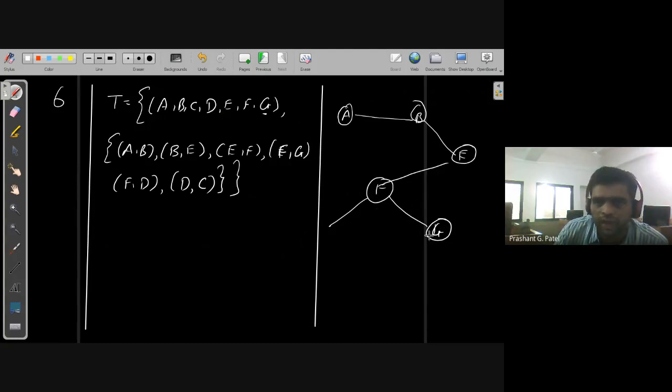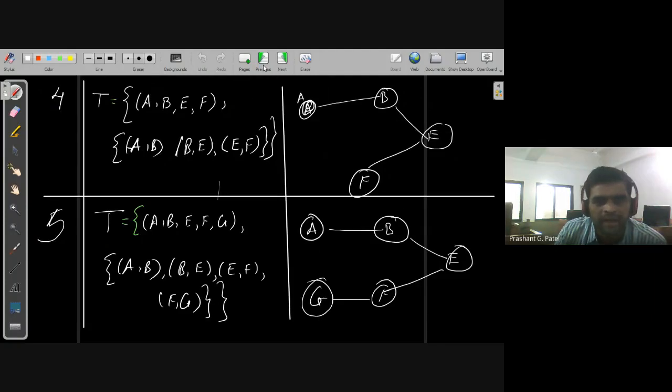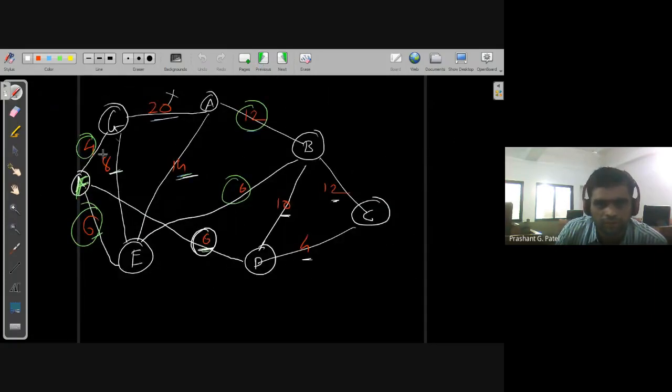The previous one was F, which we have selected. So that means we should not take this CD here. We have to take FD, which is the previous to the G. So we have selected the sixth one, that is FD.